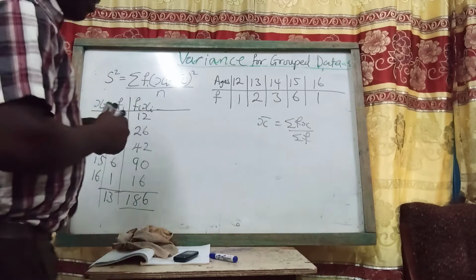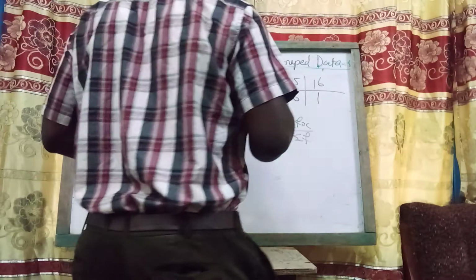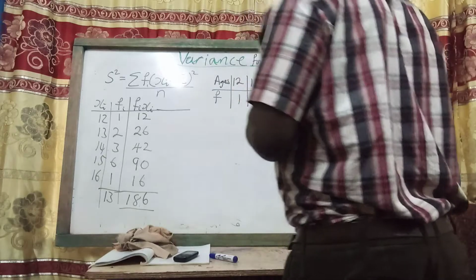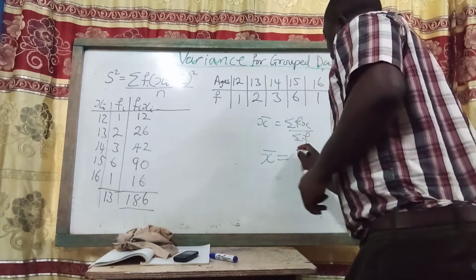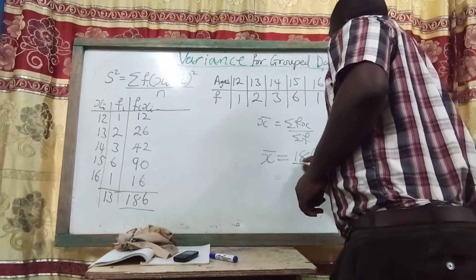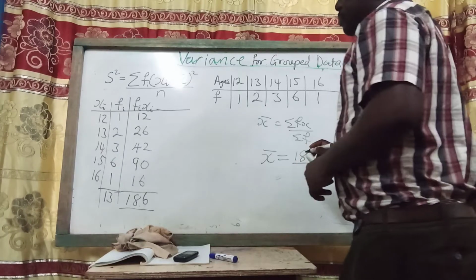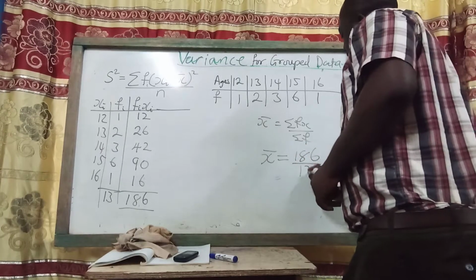Let's find, therefore, our mean. Our mean x bar is going to be 186 over 13.